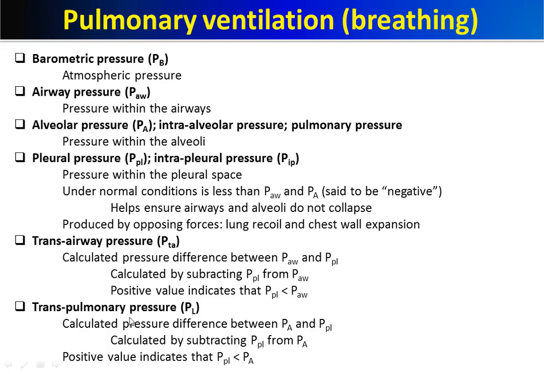The transpulmonary pressure is the difference between the pressure inside the alveoli and the pressure in the pleural sac which surrounds the alveoli. It is calculated by subtracting the pleural pressure from the alveolar pressure. Because the pleural pressure is negative, if we get a positive value, it indicates that the pleural pressure is less than the alveolar pressure.